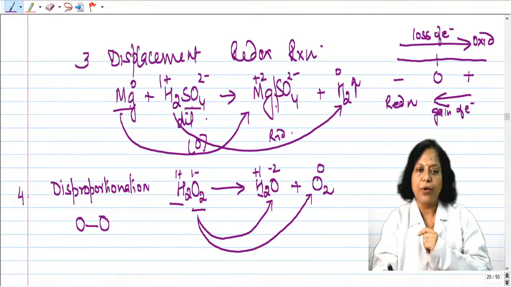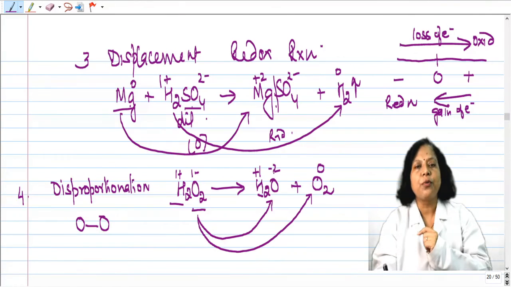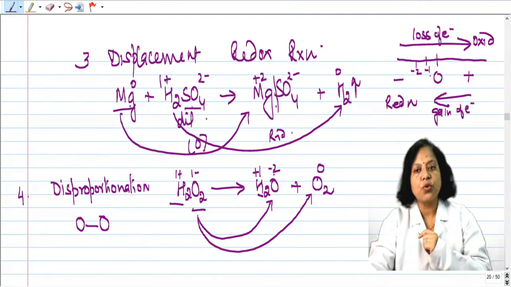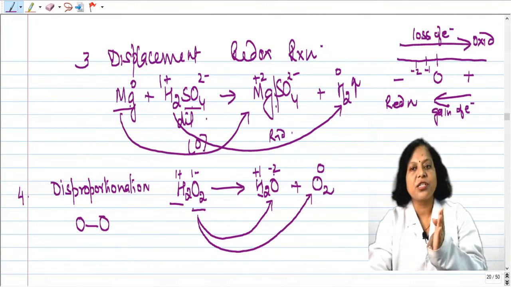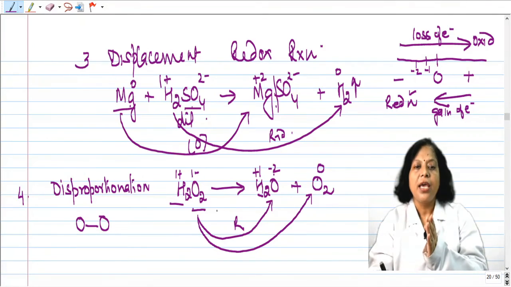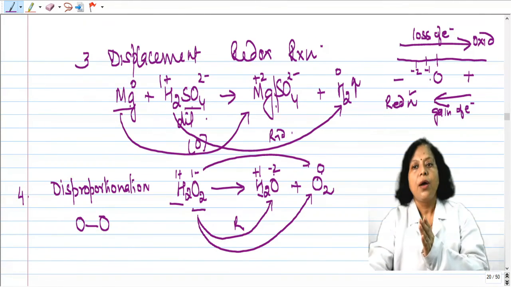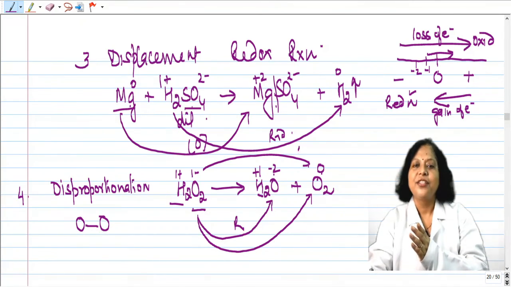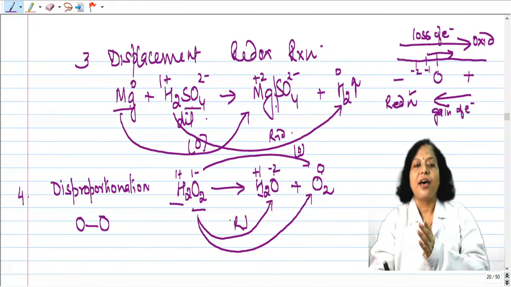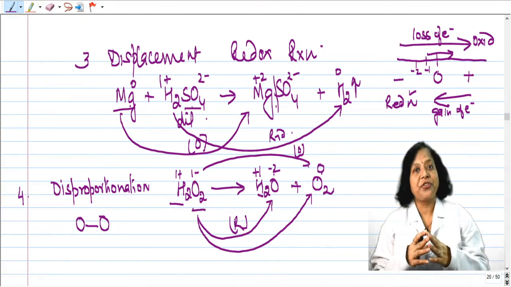Now look here, -1 to -2, we are moving in the left direction. So this is reduction. Now this is -1 and we are moving to 0, so we are moving in this direction. This is oxidation. So this is a redox disproportionation reaction.